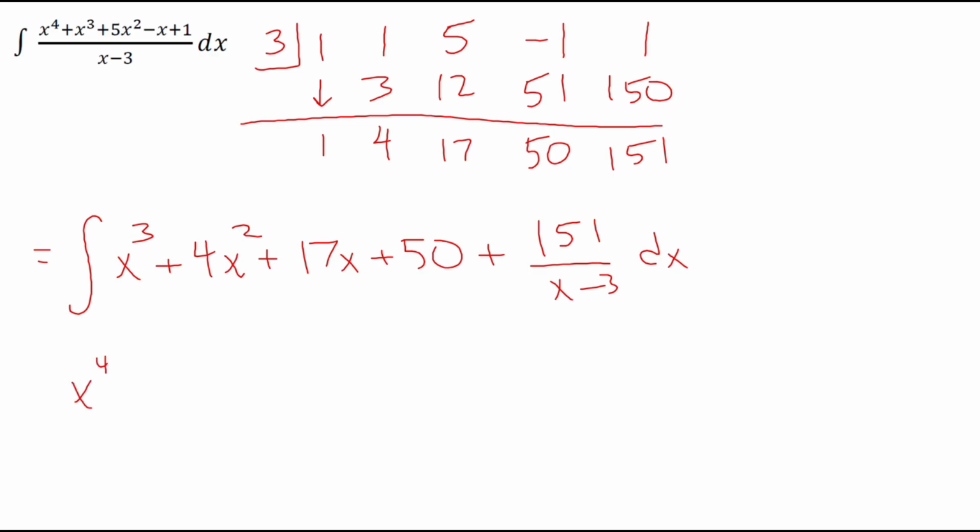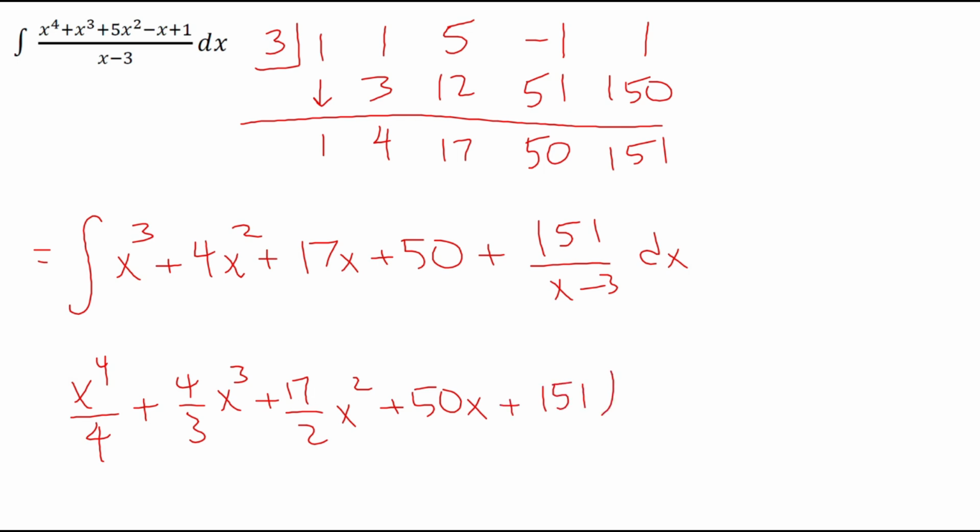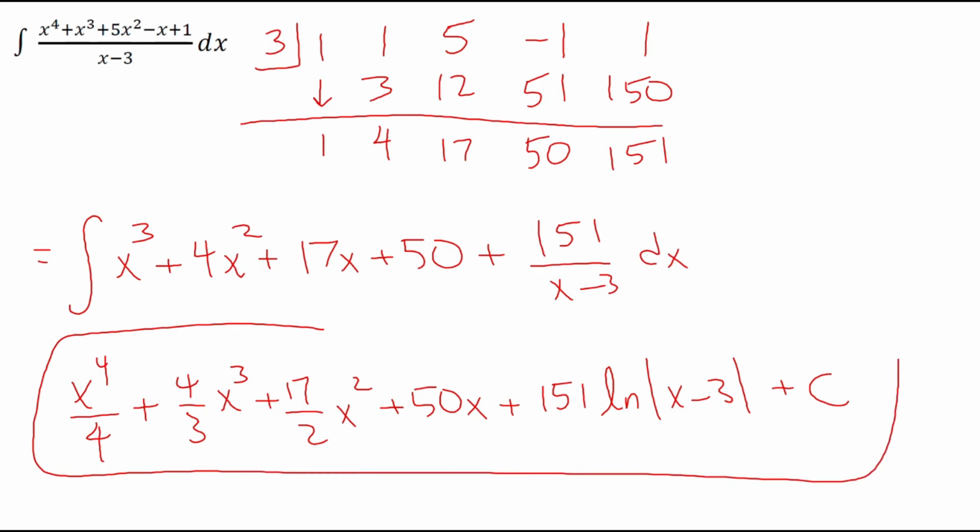So this is x to the fourth over 4 plus 4/3 x cubed plus 17 halves x squared plus 50x. And then our simple u sub here on the x minus 3 just gives us 151 natural log absolute value of x minus 3 plus our constant.